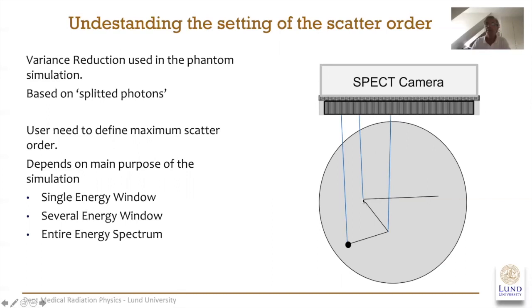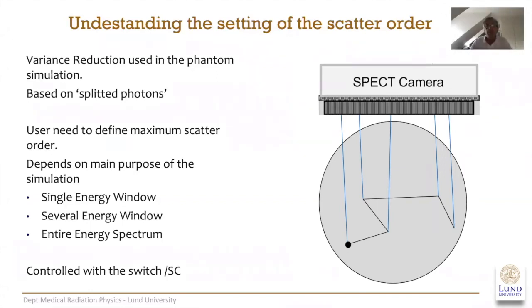So for each scatter interaction point, there will be 2 photons, one primary and one scatter. And then it goes like this. Here I stop, because in this case I have said that I only use 4 scatter orders, 1, 2, 3, and 4. This scatter order is controlled by the switch /SC, and as a default it is set to 3.